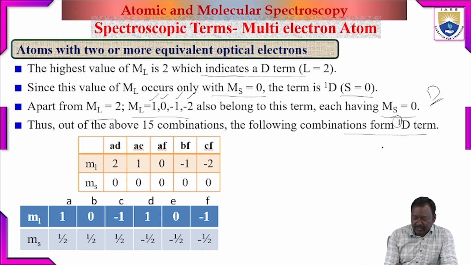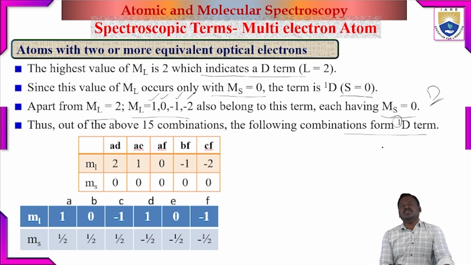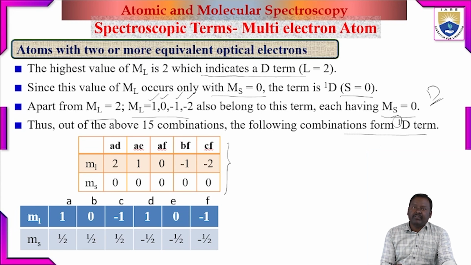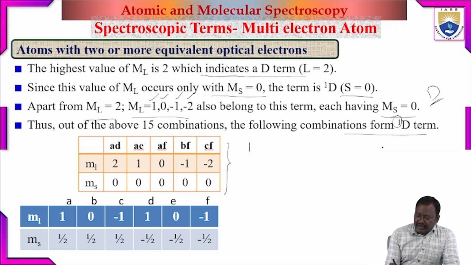That means ml values 2, 1, 0, minus 1, minus 2, and ms value is 0. So all these form the 1D term.